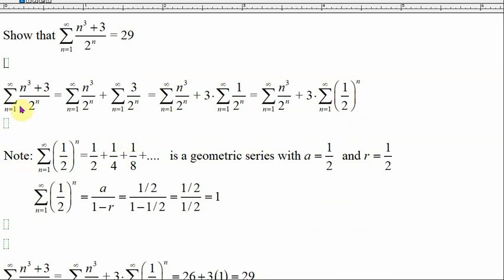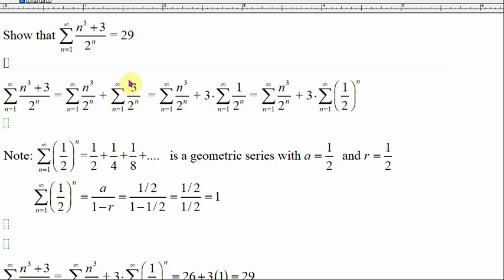And so the series with n to the third plus 3 over 2 to the n, we can rewrite as the summation of n to the third over 2 to the n plus the summation of 3 over 2 to the n.